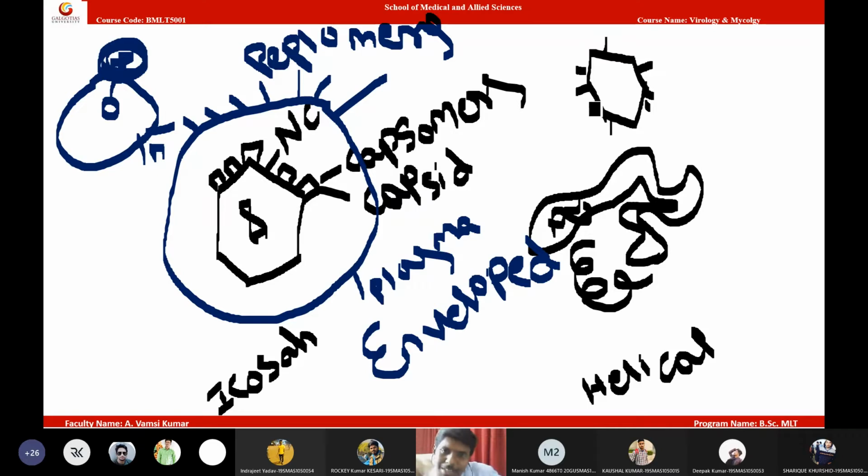Depending upon the symmetry of the nucleocapsid, viruses are divided into two types: icosahedral viruses and helical viruses. Now, coming to the cell membrane, this cell membrane is made up of lipids, phospholipids, the phospholipid bilayer.